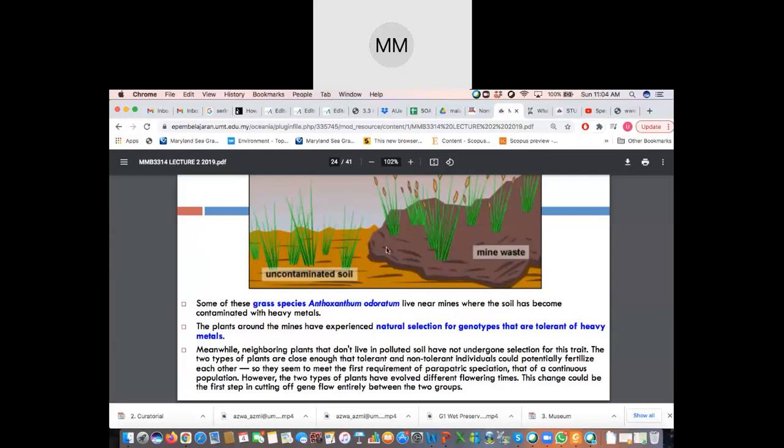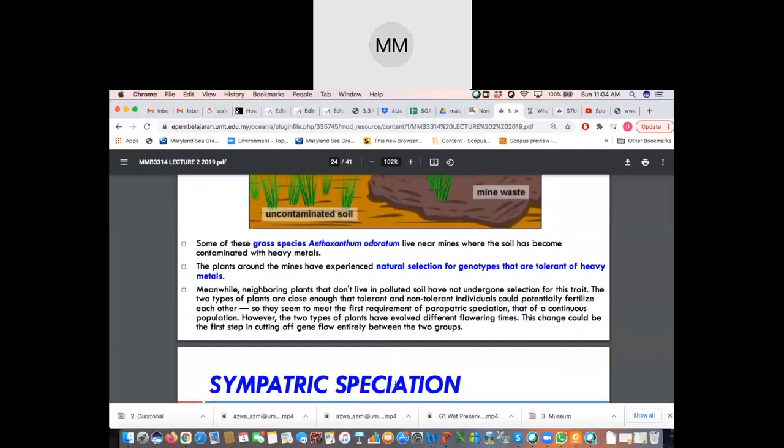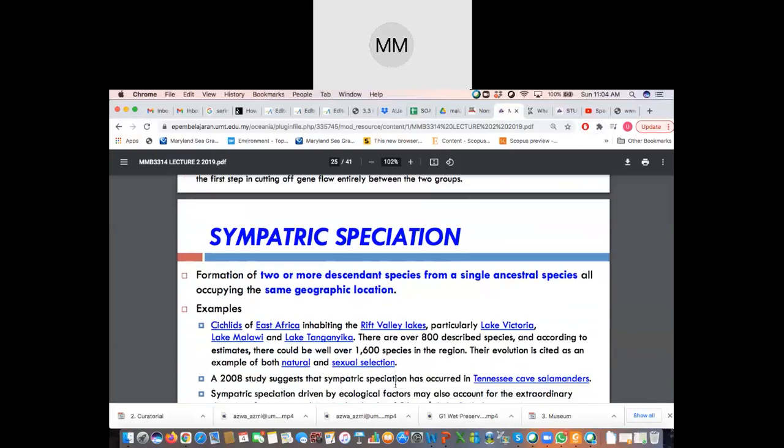What they wanted to mention here is that there's no exact physical barrier, so the species are likely not that different and could actually populate together. But now they've evolved so much that they have different flowering times. This change could be the first step in cutting off the gene flow entirely between the two groups. So there you go. It's a slow, steady process, but it happens over time.